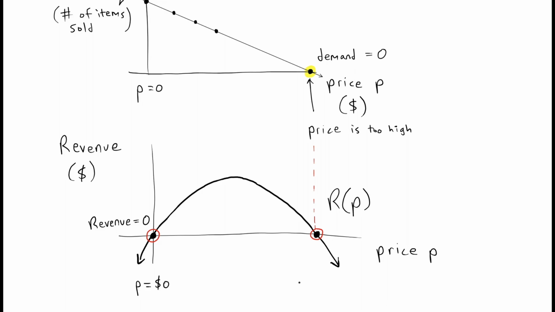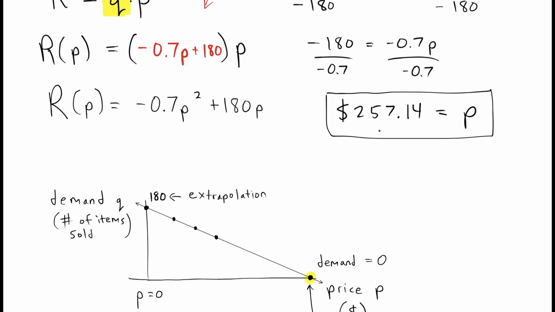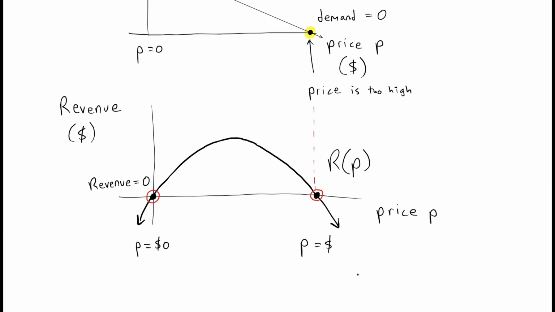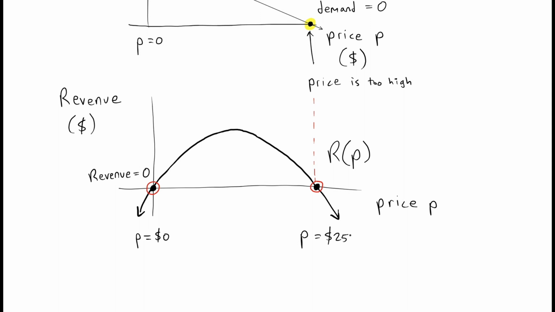Also, if we set the price too high, according to the model, if we set it to $257, then that is so high that nobody will buy the item. And again, the revenue is 0. But there is some ideal price for this company to set based on their market research that should yield the optimum amount of money.